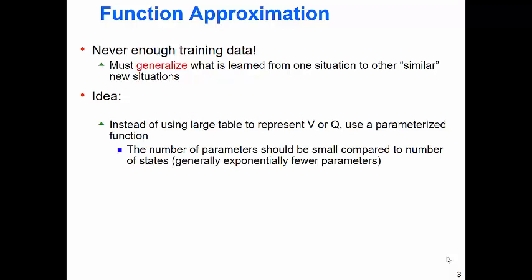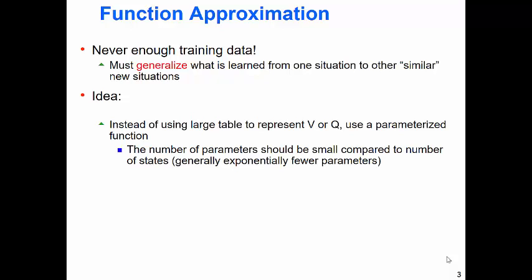Basically the idea is we've learned how to learn V and Q, and we store them as tables. Instead, you've all had experience of representing functions in a compact way, like a linear equation. If it were just a 1D equation, two numbers describe the whole infinite space, right?